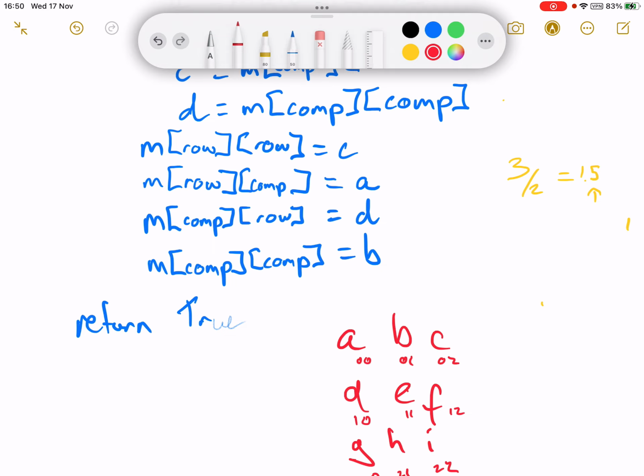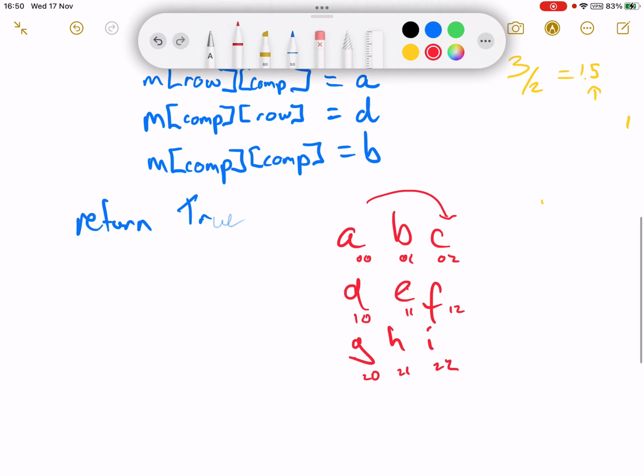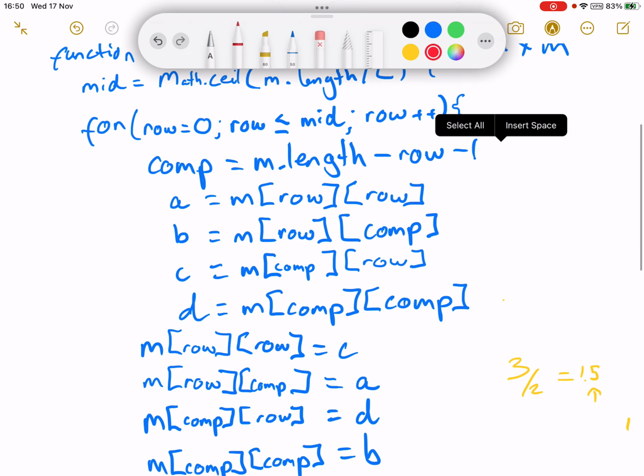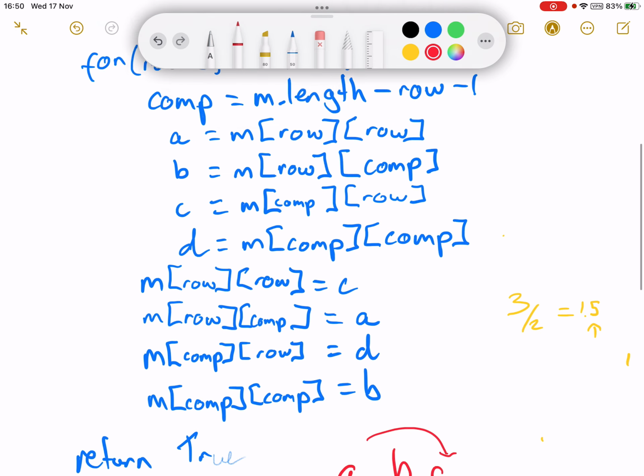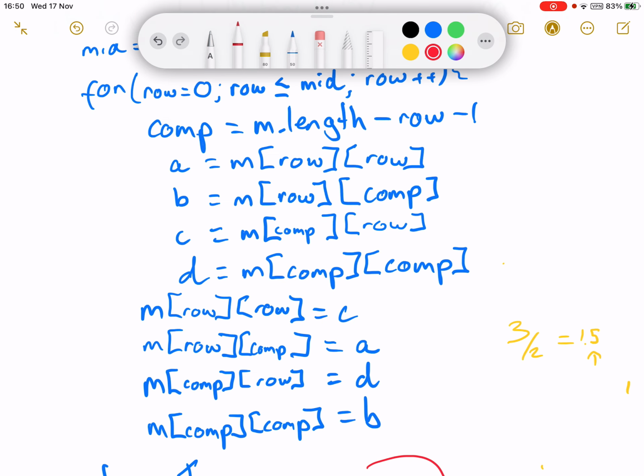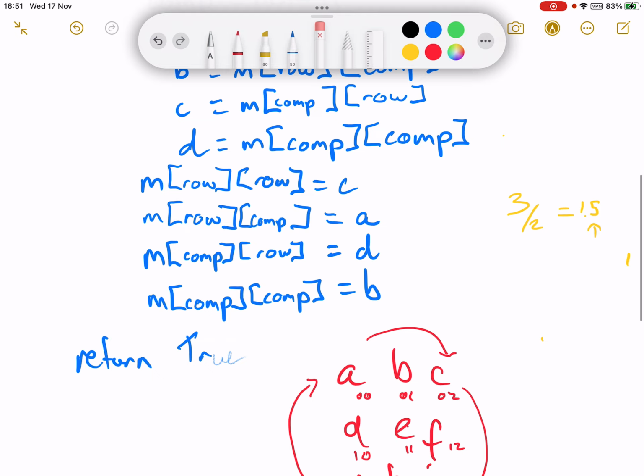Okay, so we're going. You need another loop here, right? Row equals mid. Okay. Now I'm thinking we need a loop now, right?